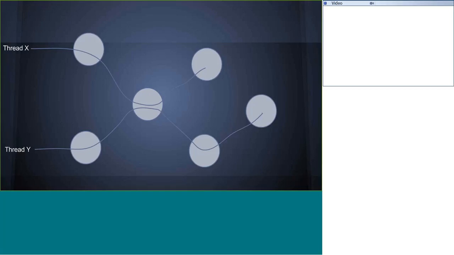So let's think about errors. Here are our threads going through our objects. And imagine you have an error that happens in this object over here. Well, what happens with that error? When I talk about an error, I mean something unpredicted, like a null pointer exception or a null reference exception. What that's going to do is propagate all the way down through all of these other objects who had nothing to do with that error, right?